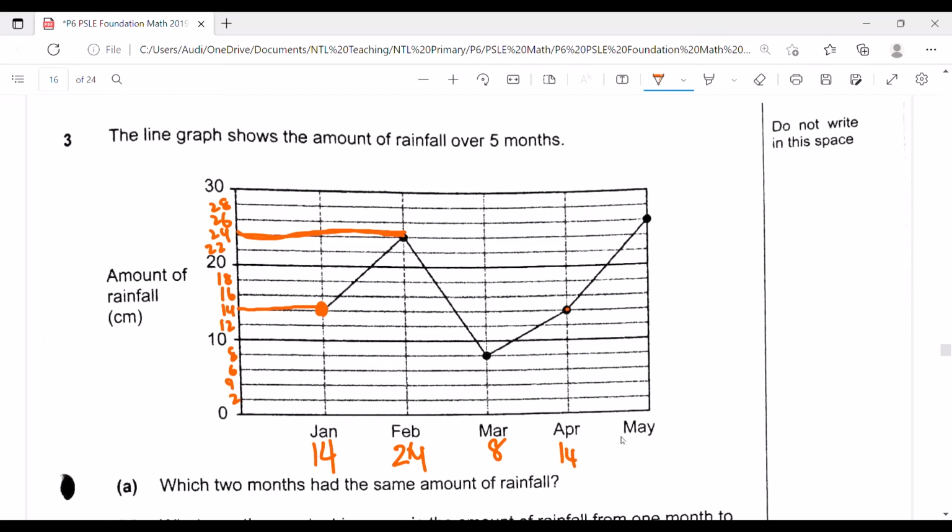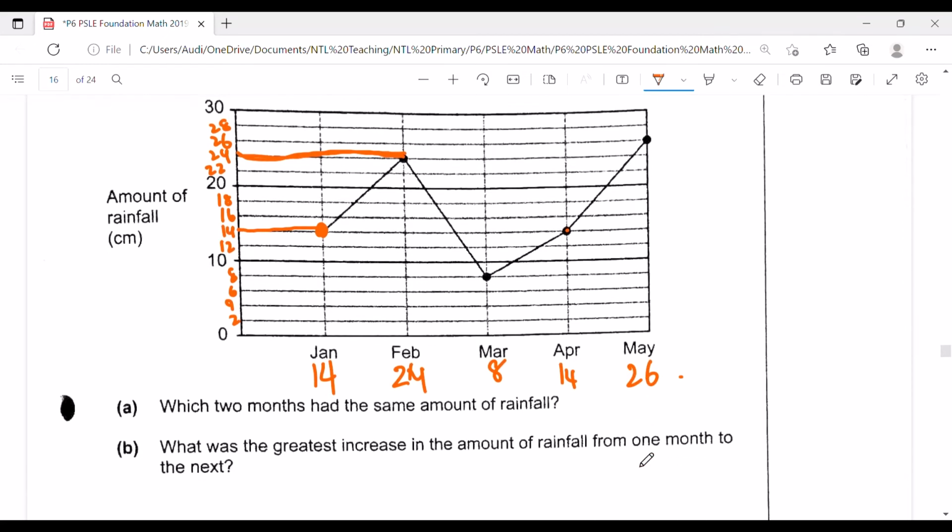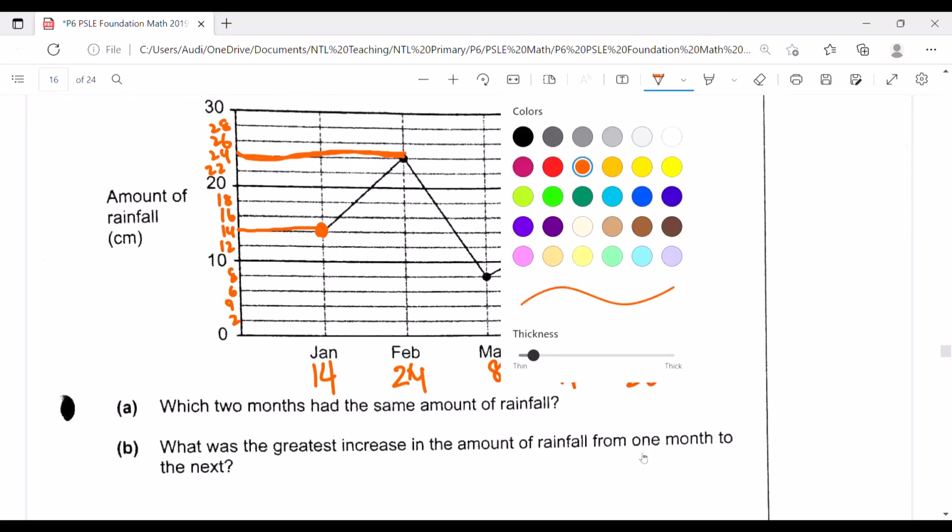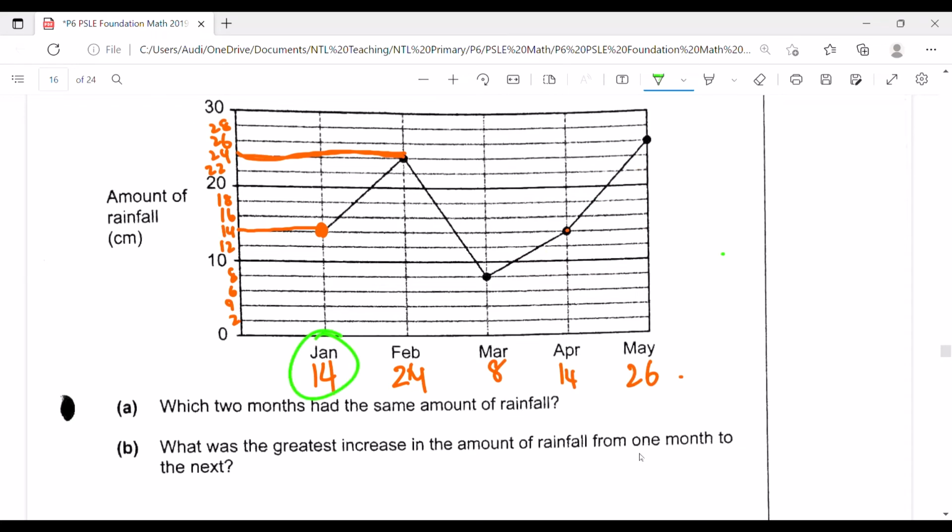And then May is 26. Okay, so which 2 months had the same amount of rainfall? Our answer is here, 14 and 14. So January and April. When you write numbers, it's easier for you to see.